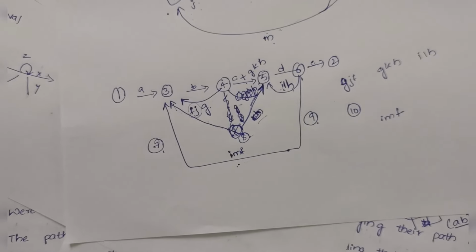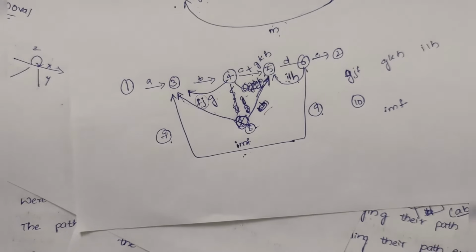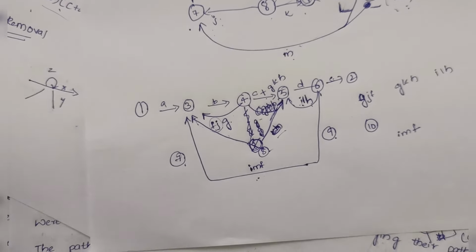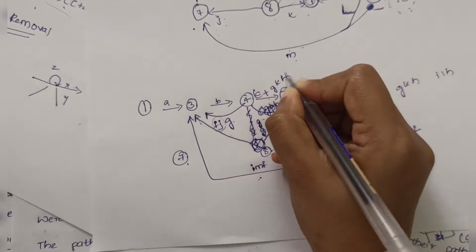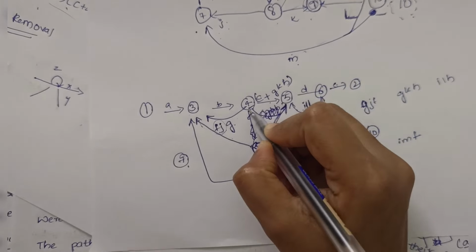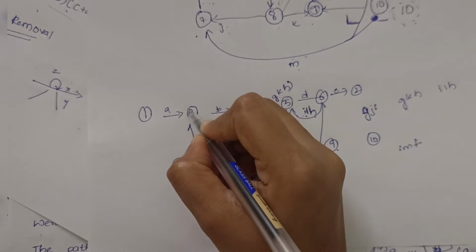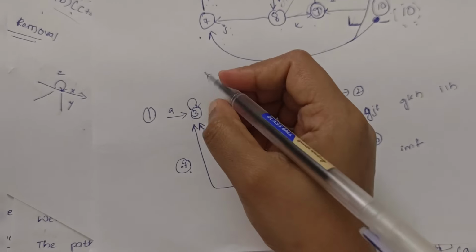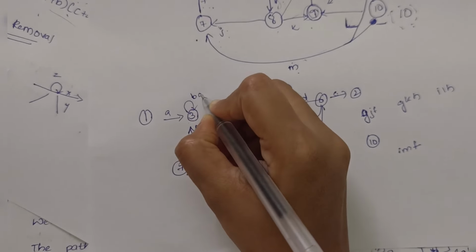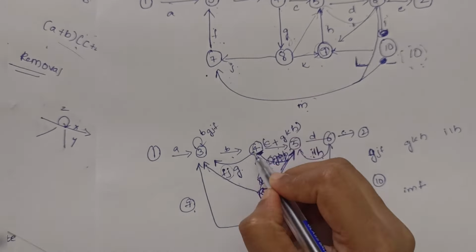Next step, we can also remove 4. For 3 we can give it the same B, G, J, F by removing the 4.